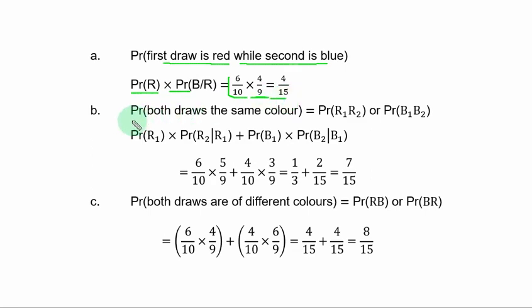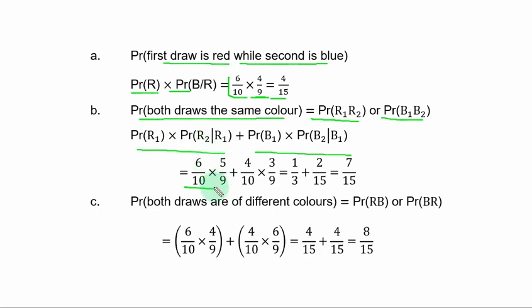Then B, probability both draws are the same color. That is probability red and red, or probability blue and blue. You write it in this form. The first one is red. That is 6 over 10 times. The second one is red.